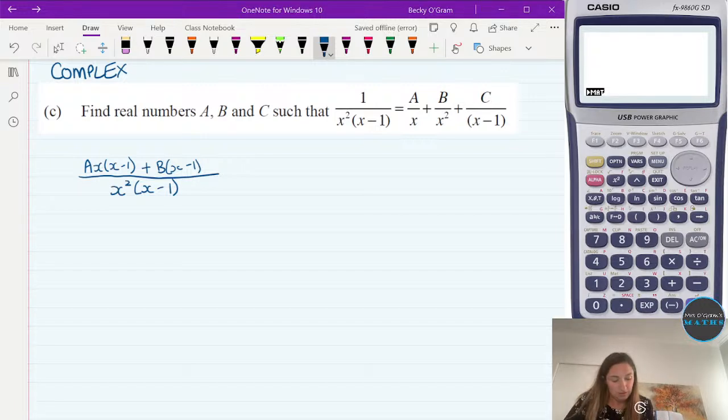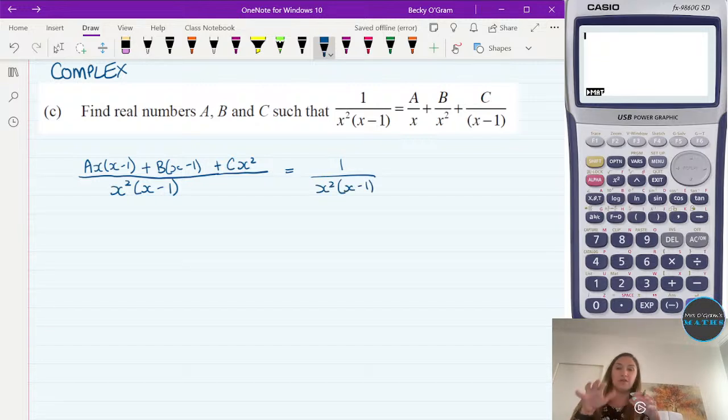And for the c, sorry, I was just checking everything was set up right. We have the x minus 1, so we need to times it by the x squared. And that's equivalent to the left-hand side that we had like this.